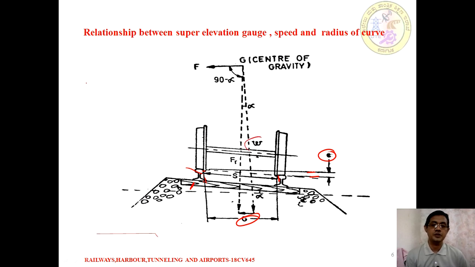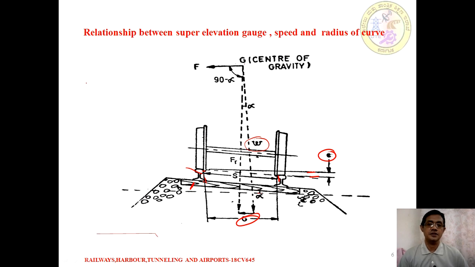Then W is the weight of the locomotive or the train. Then S is the inclined linear distance between the outer edge of the rail and the inner edge of the inner rail, represented by S. This is alpha. Alpha is the angle of inclination made with respect to the horizontal plane.